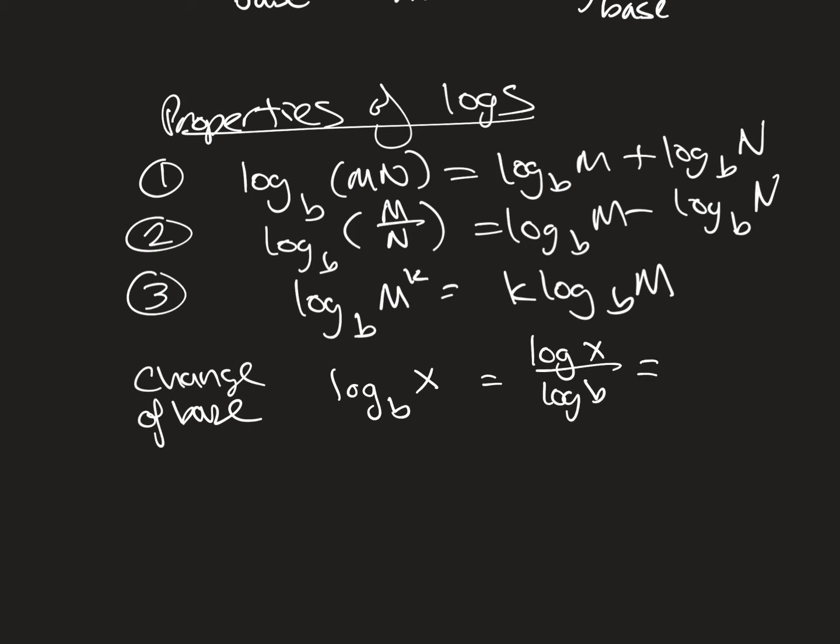Say I wanted to write it in terms of natural log. Natural log of x over natural log of b. Say I was really interested in writing in terms of base 2. Log base 2 of x over log base 2 of b. So important to remember the change of base. And we did proofs of these in class, so I'm not going to do them here. But let's jump into practicing this.